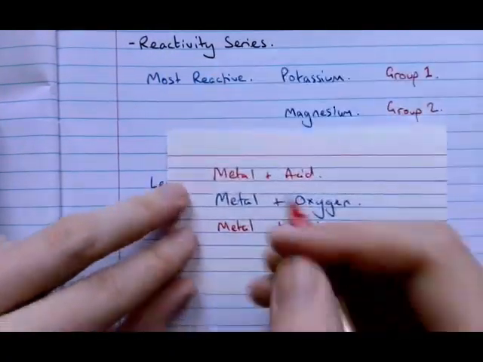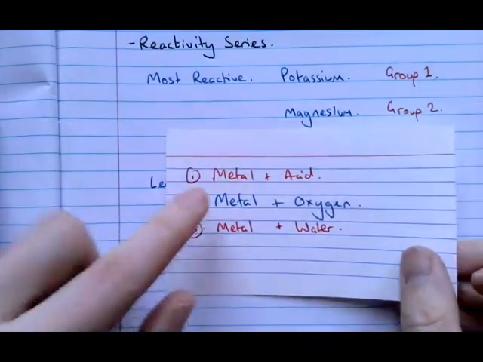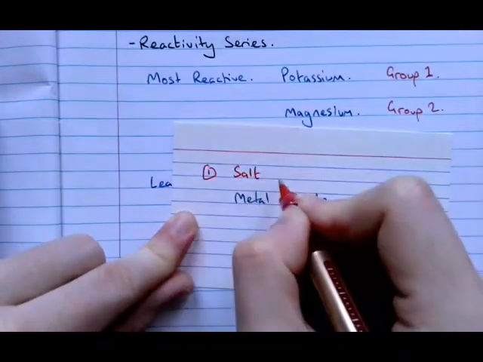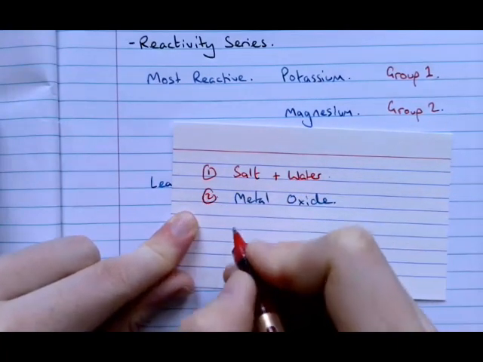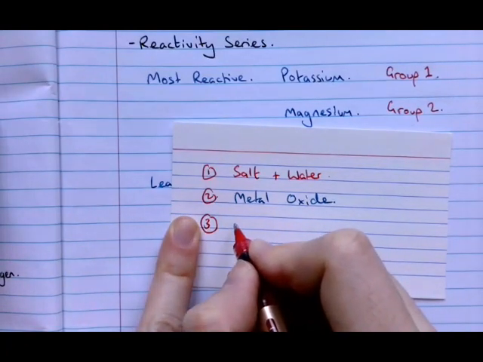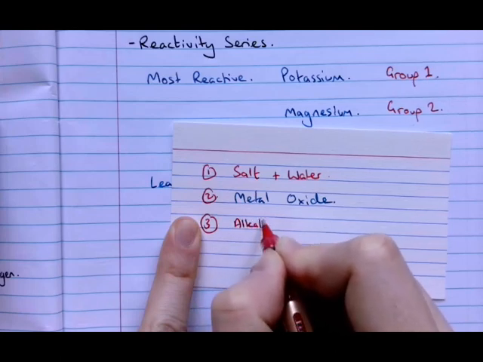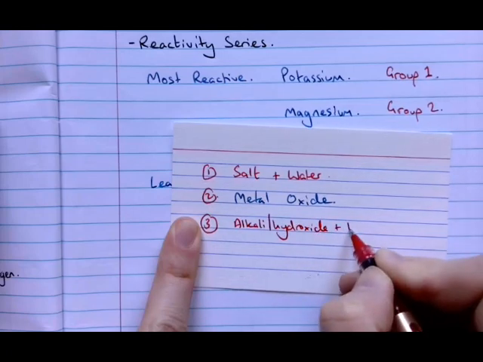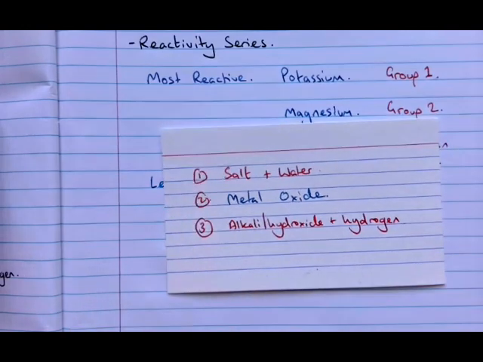Maybe I should number these. So we have 1, 2, 3. Metal and acid, number 1, is going to give me, if I remember correctly, salt plus water. Metal oxide comes from metal and oxygen, and metal and water is going to give me an alkali or a hydroxide plus hydrogen. Okay, and we're done.